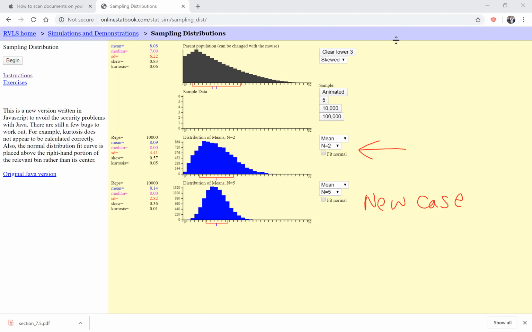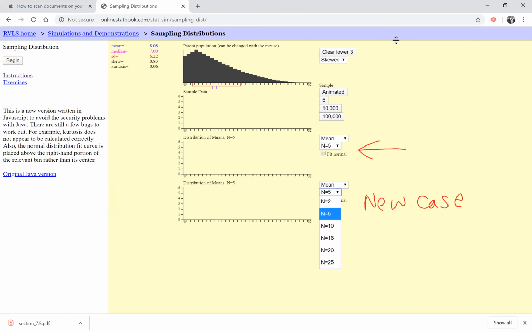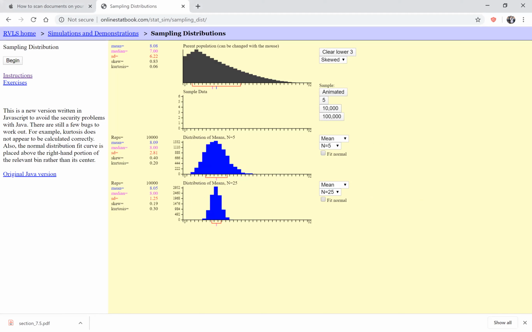All right, well, let's try something else. Let's try changing this to a bigger sample size. I want you to pause the video and try to guess what's going to happen. All right, now that you've had that chance to guess, let's find out. What do we notice?